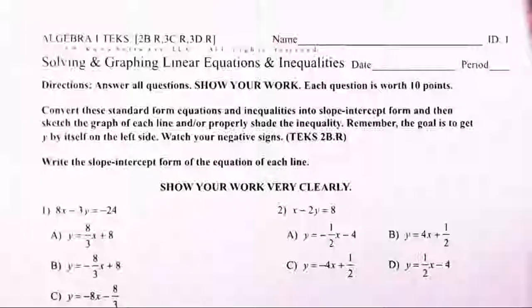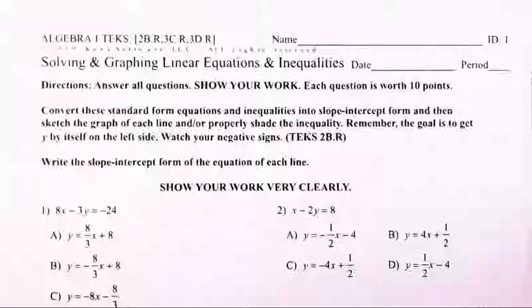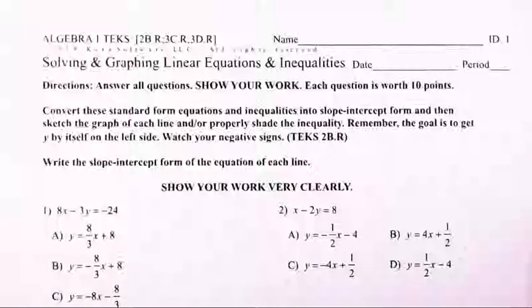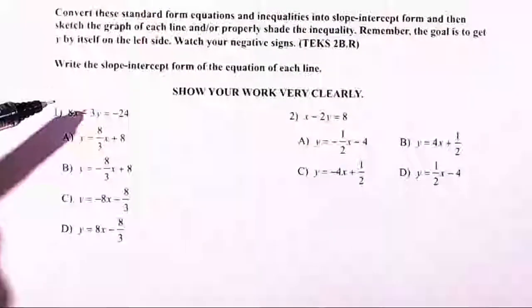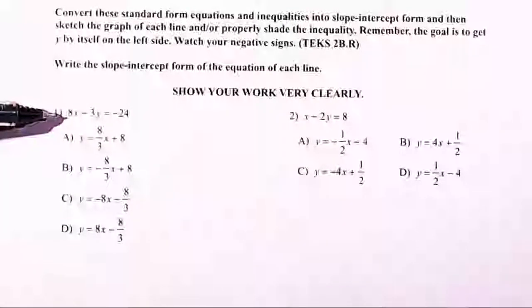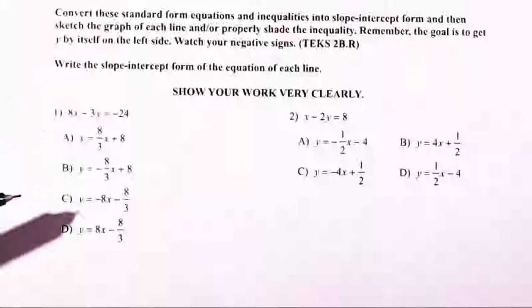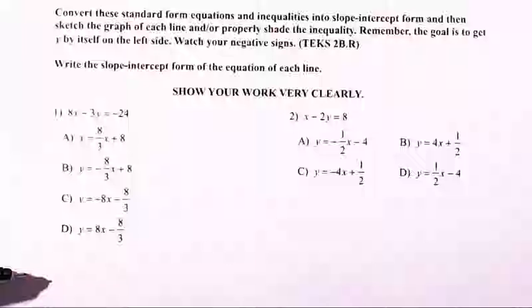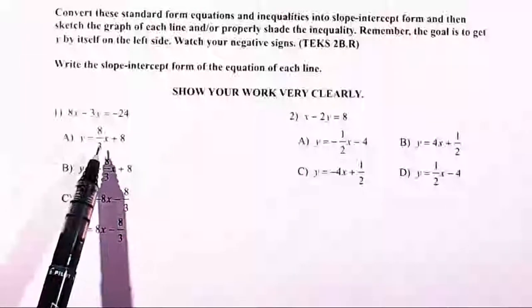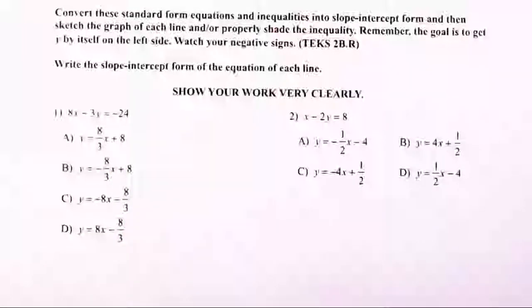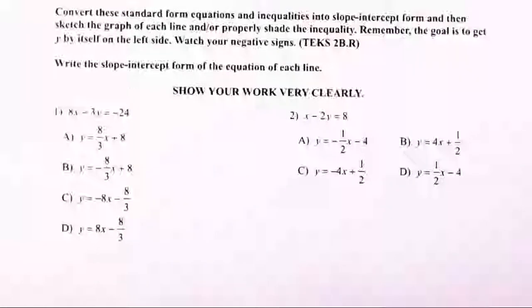And the goal here is to get y by itself on the left side and push everything else over to the right side in order to convert this equation from this form, which we call standard form, into this form, which is slope-intercept form. In other words, y equals some slope x plus b, some y-intercept.